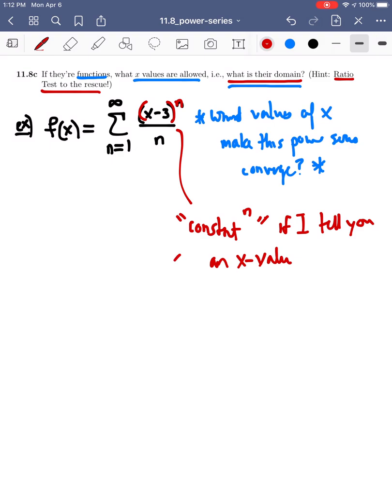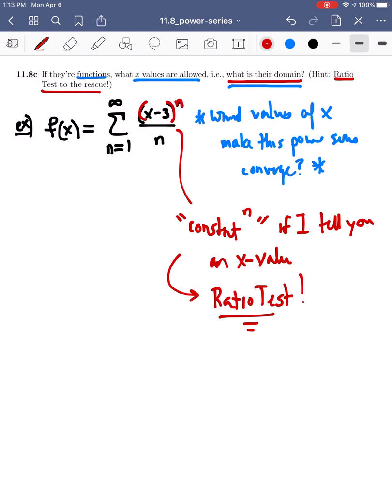And what this tells us is this was one of the functional forms that we get to use ratio test for. So whenever we're handed a power series and asked, hey, how can I figure out what x values it converges for, we get to do ratio test first.